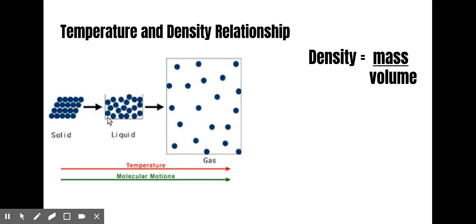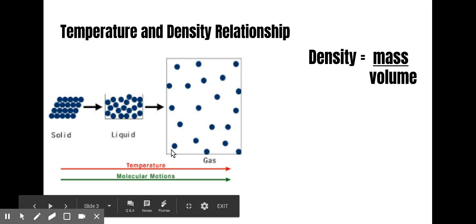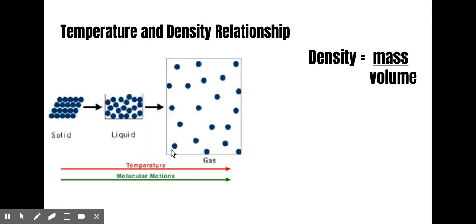The amount of them is the exact same, but if we just look at an area here, there's more in this little spot than in this little spot, than in this little spot. So when we talk about density, as we increase the temperature, as we go to the right here, the density actually decreases because the particles are more spread out. They're not so concentrated in a given spot.